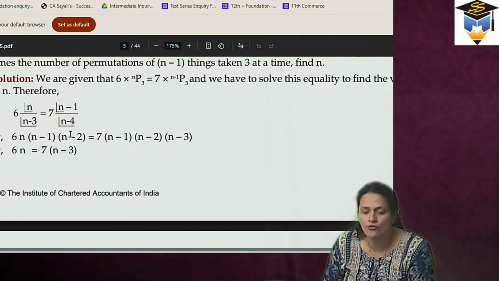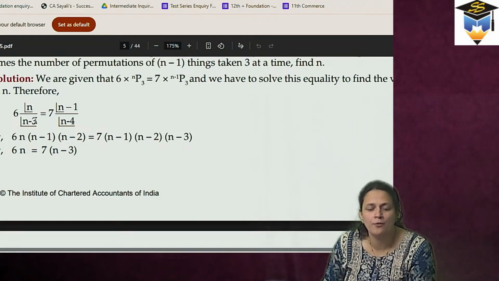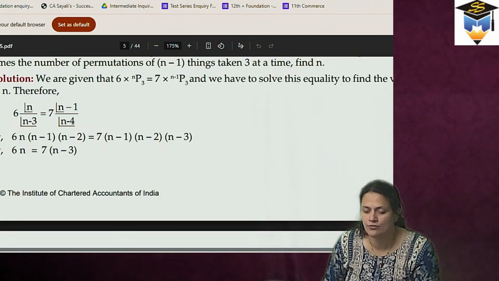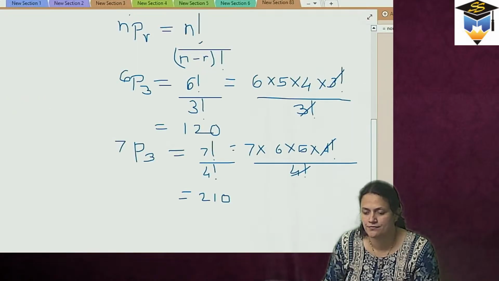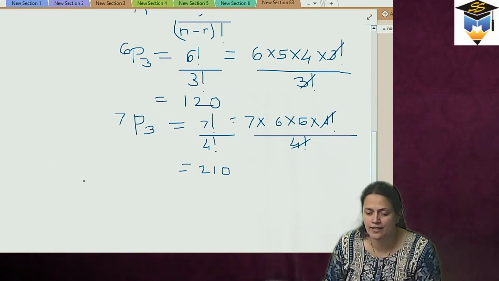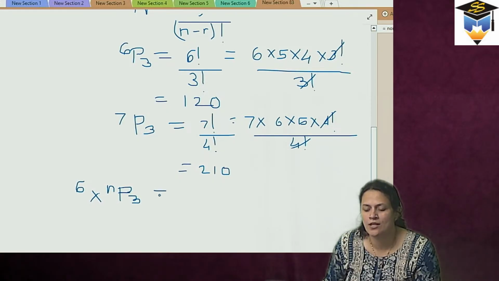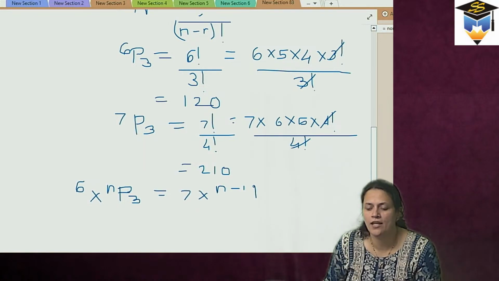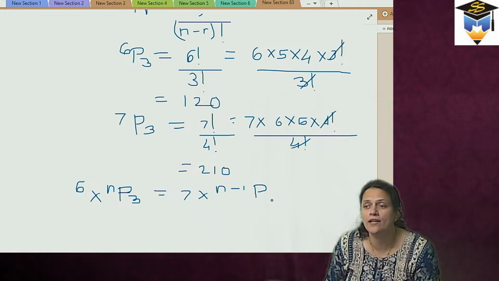So now if you can see over here, n factorial upon n minus 3. How to write it down? Just check. 6 multiplied by nP3 is equal to 7 multiplied by (n minus 1)P3, that is n minus 4.